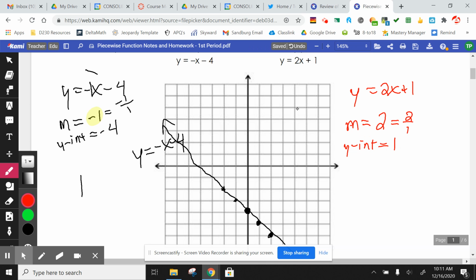We go to our y-axis, start at the y value of 1. And then a slope of 2 over 1 just means we're going to go up 2, right 1. So up 2, right 1. Up 2, right 1. Draw in that line. And then that should be 2x + 1.